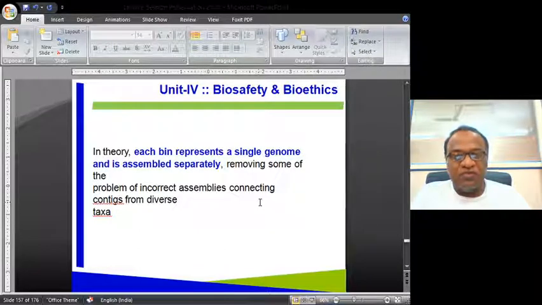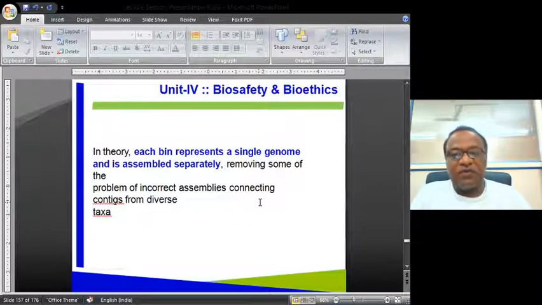It also removes some of the problems of incorrect assemblies, connecting contigs and diverse taxa. So it never allows co-assembly of mixed genomes. It prevents co-assembly of mixed genomes. Got it?